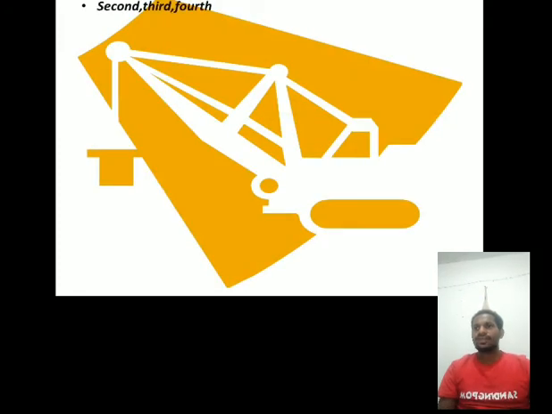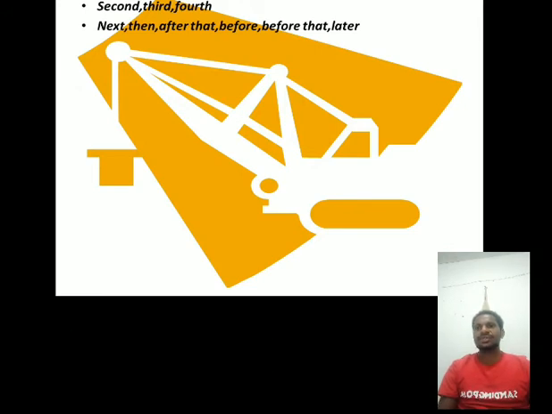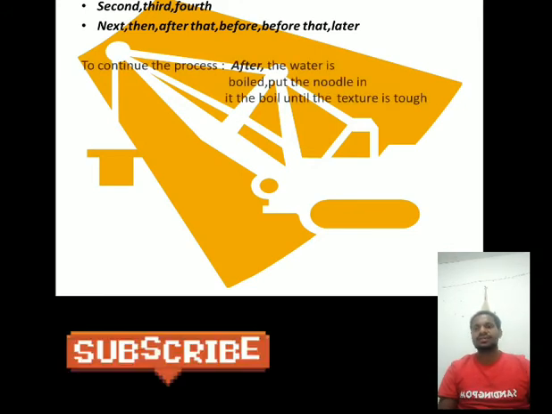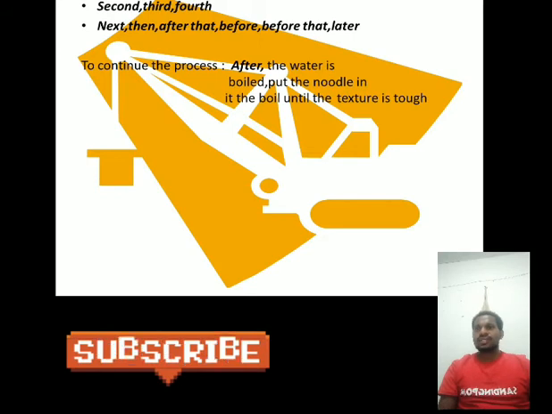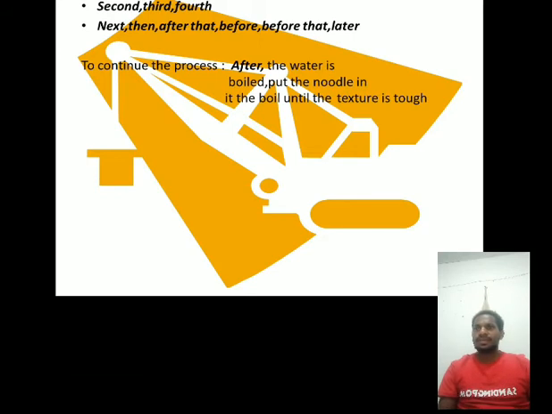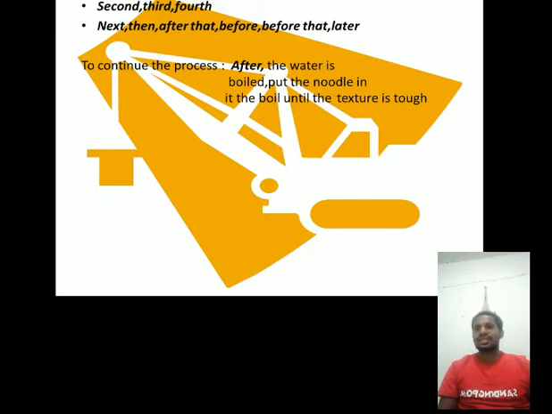So next, second, third, fourth, next, then, after that, before that, later, to continue the process. Dalam tahap yang berikutnya ini tentang second, third, fourth, next, then, after that, before that, later.